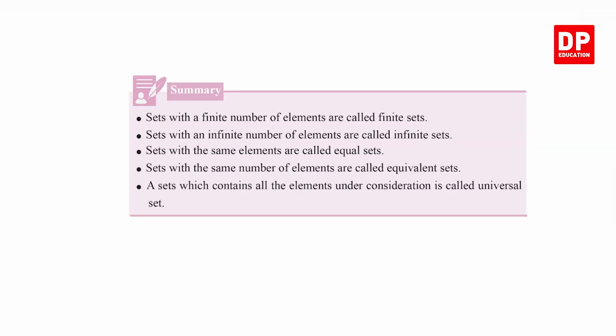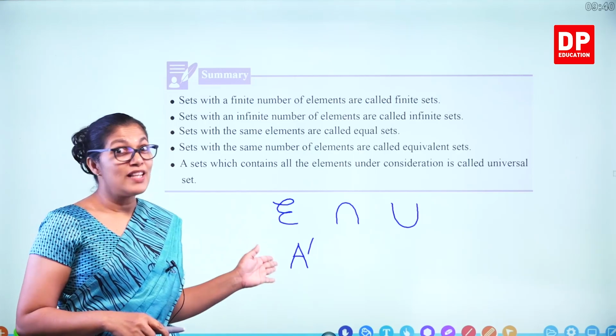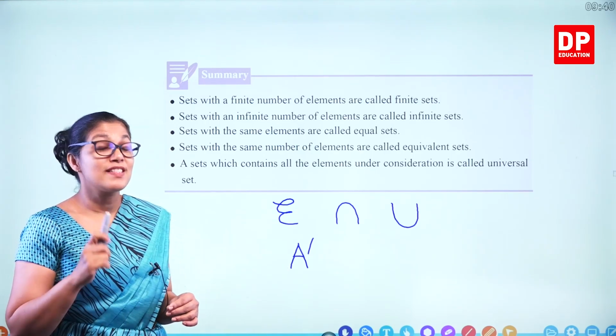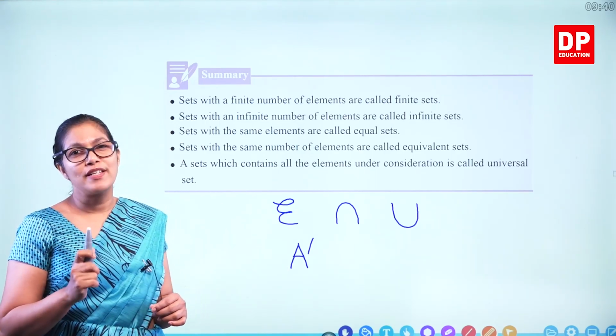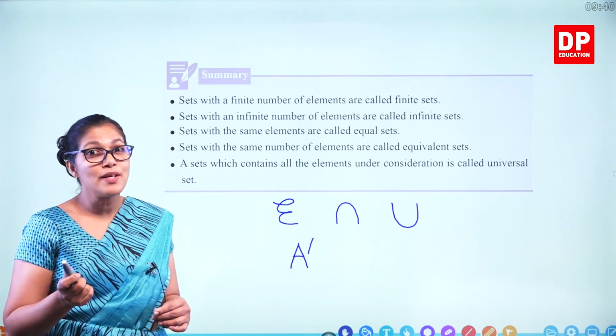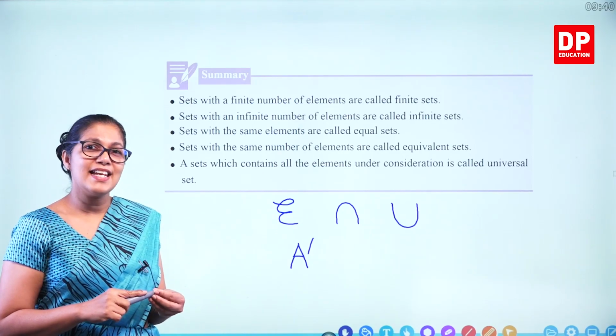So can you remember the symbols? Epsilon for universal set, this symbol for intersection, this symbol for union. And for complement, we put A dash. So study all theory related to sets because this is a really important lesson and we are continuing this in grade 10 and 11.